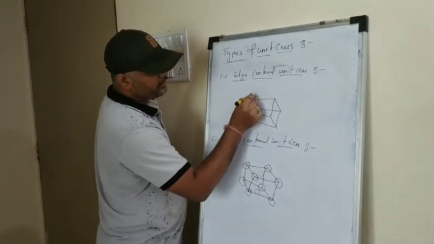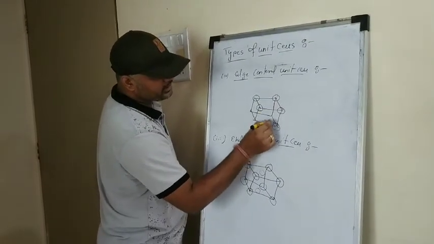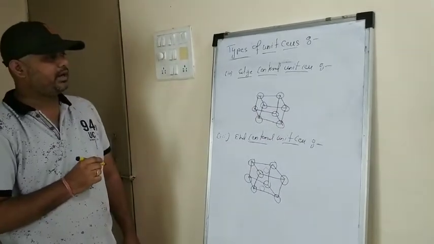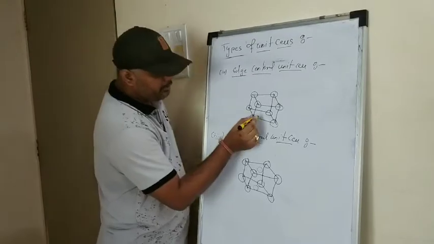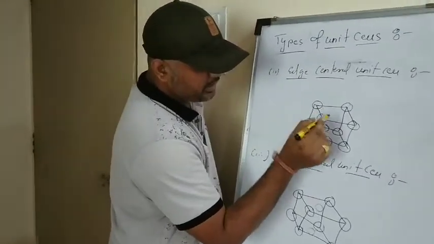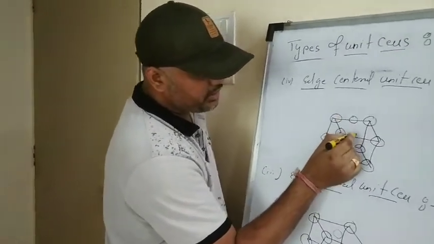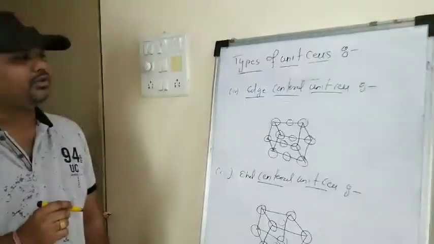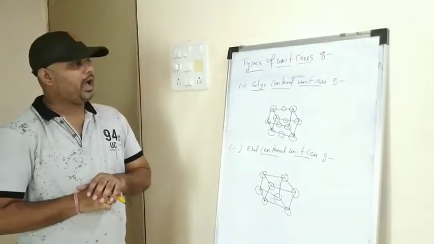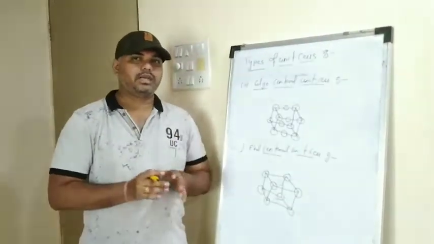Again, the constituent particles are at the 8 corners. Right? The constituent particles are there at the 8 corners, and at the center of every edge, you will see that there is a particle present. So this is said to be the edge-centered unit cell.